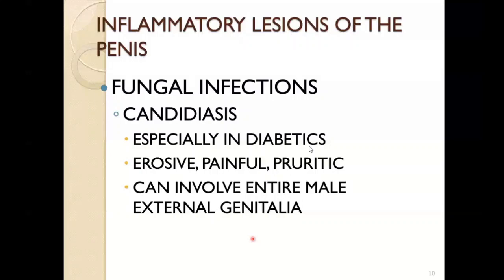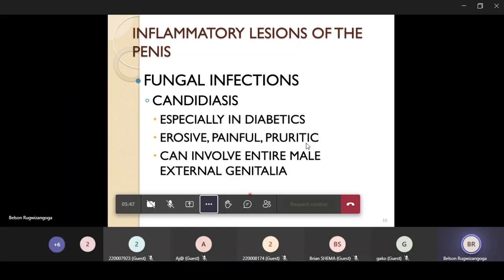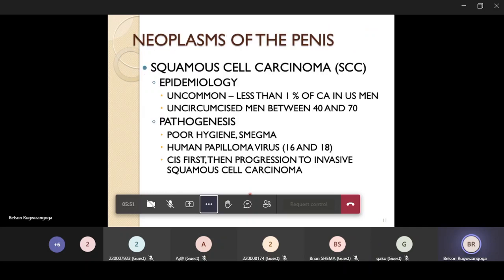If you think about this, you will scratch a material to send to microbiology. They will do staining first, and if they see germs, then they will do culture to confirm what is there, and an antibiogram sensitivity test to know which antibiotic can be used to treat that person.